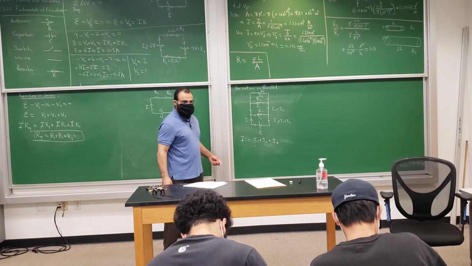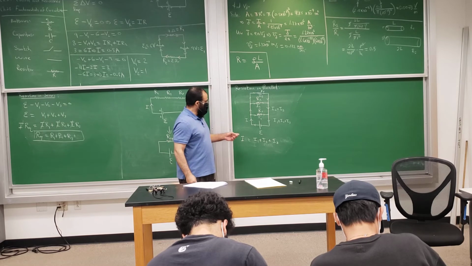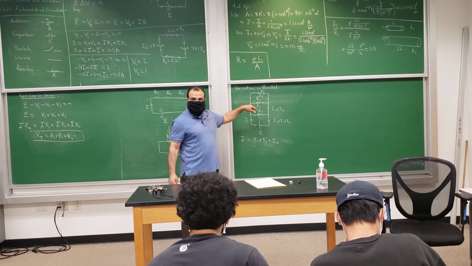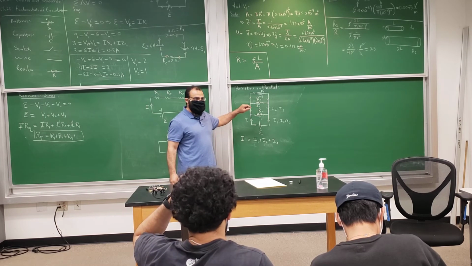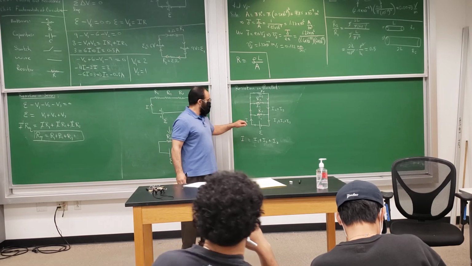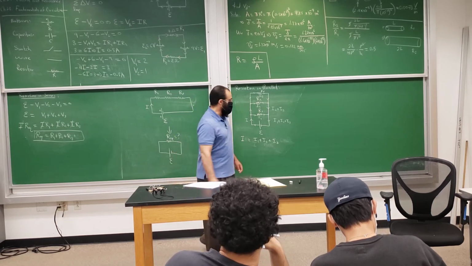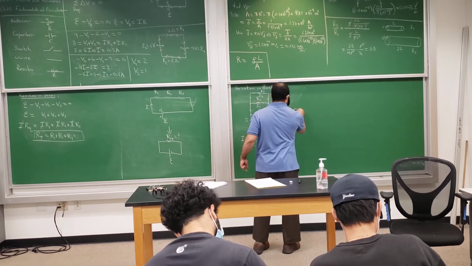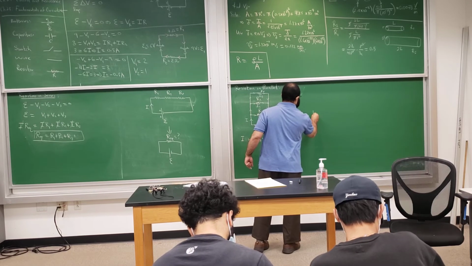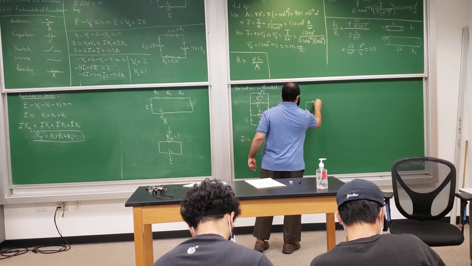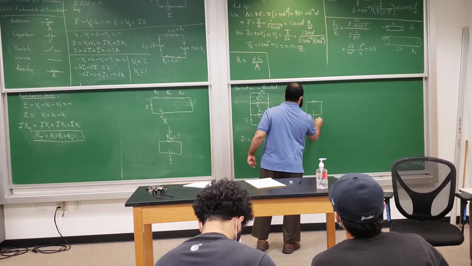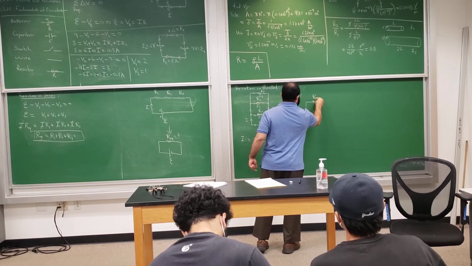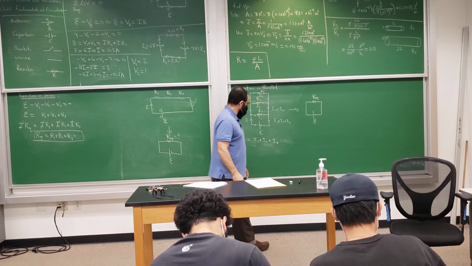Now the question ultimately is, if I were to replace all these resistors by one resistor, what would the equivalent be? So if I were to change it to make it this, into an R equivalent, what should R equivalent be?